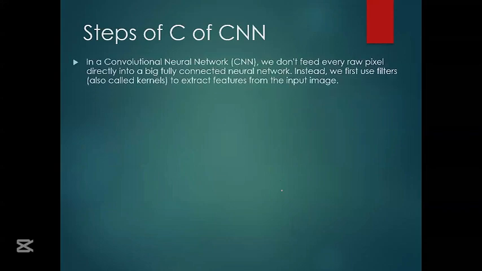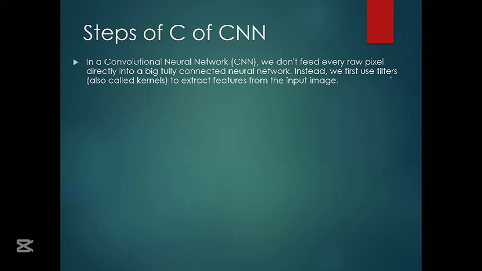I listed all the steps we usually use in the convolutional part of the neural network. So in a nutshell, in a convolutional network, we don't feed all the raw pixels directly into the big fully connected neural network.